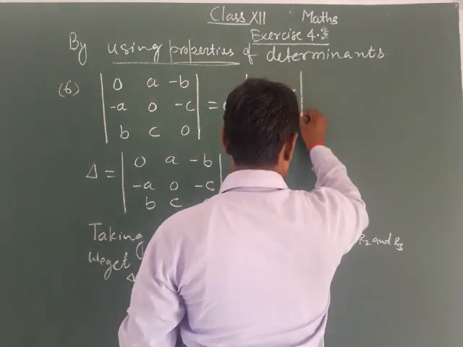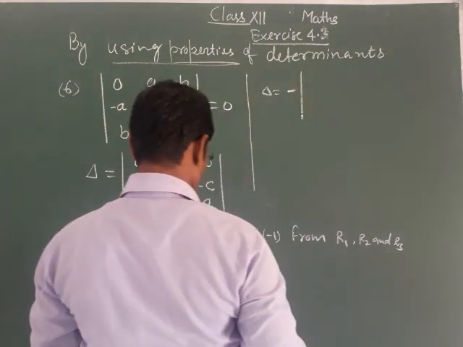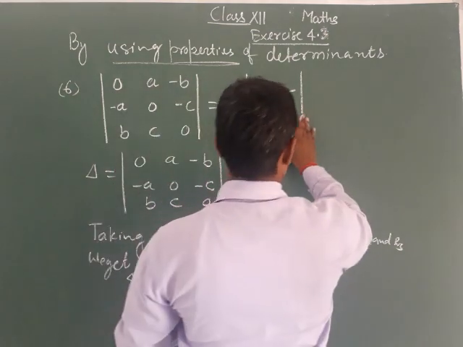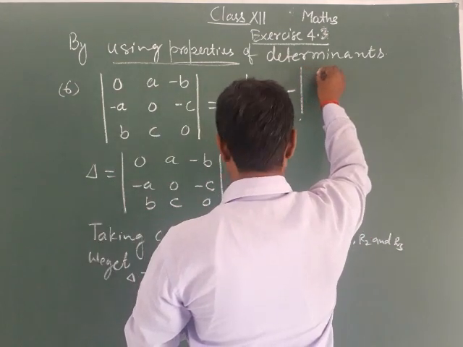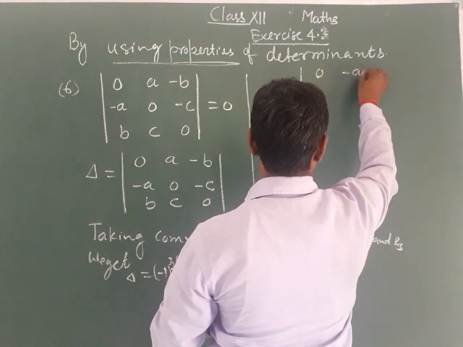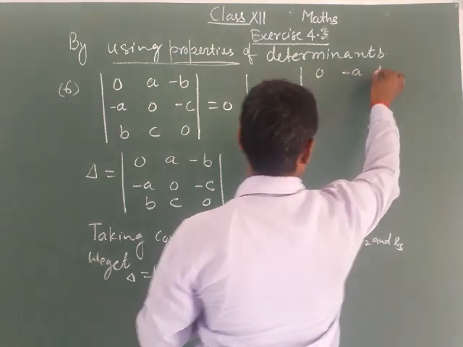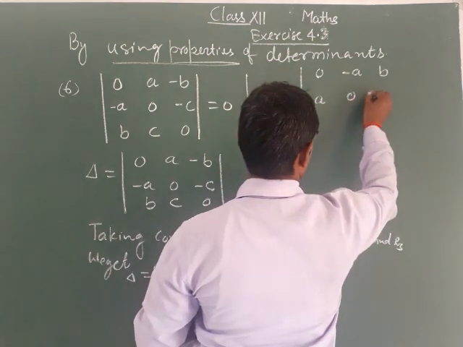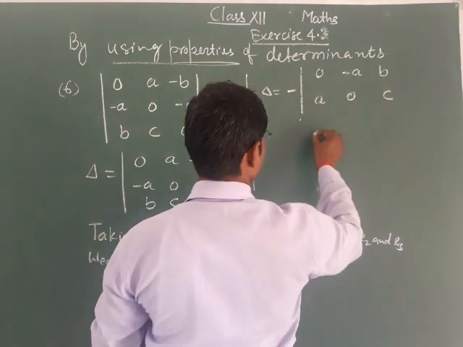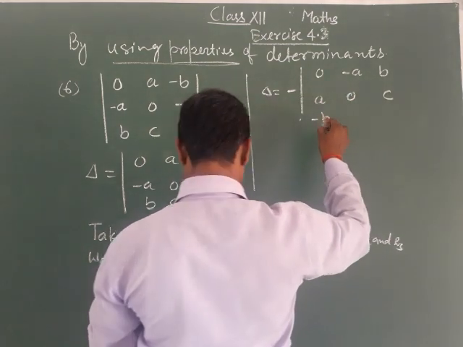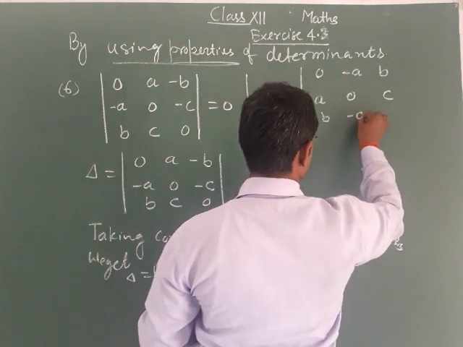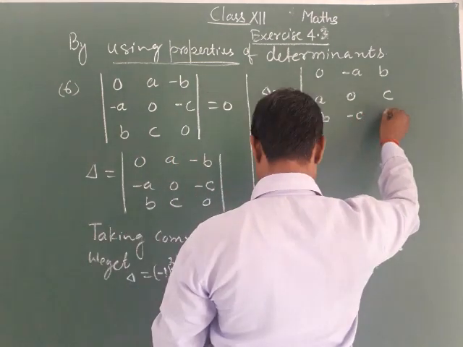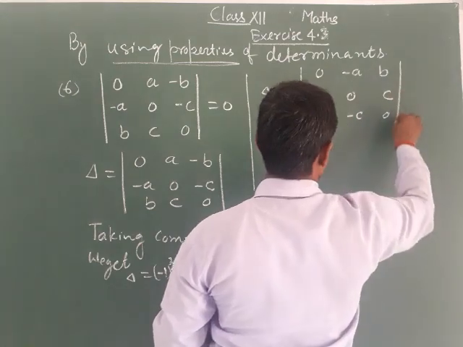So this is the determinant 0, minus a, b; a, 0, c; minus b, minus c, 0.